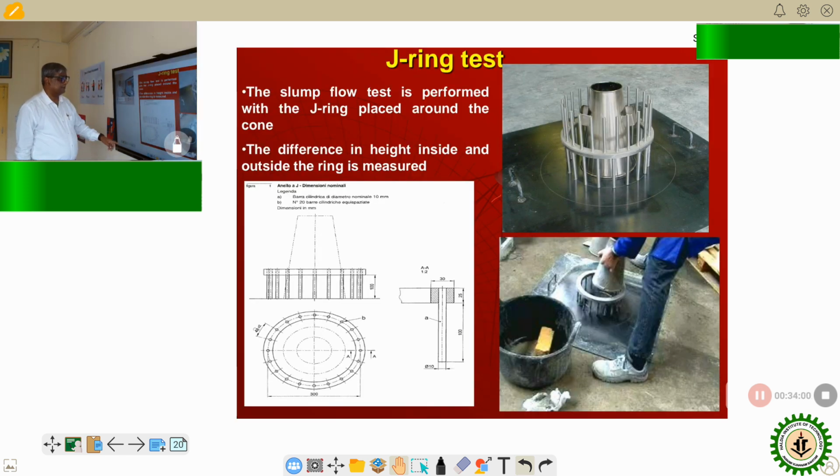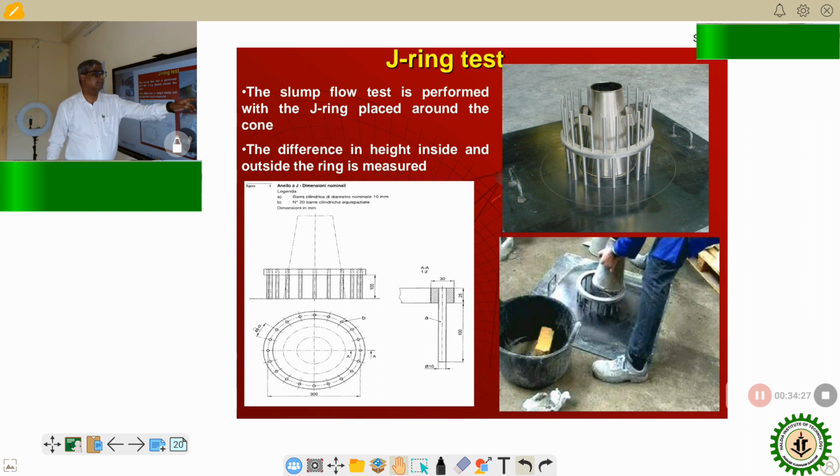This is another test. You see, you have got a cone, a slump cone, and some round bars which you can compare with your reinforcements. Previously, in the first test, concrete was flowing without reinforcement. But now suppose there is reinforcement and the concrete wants to flow.